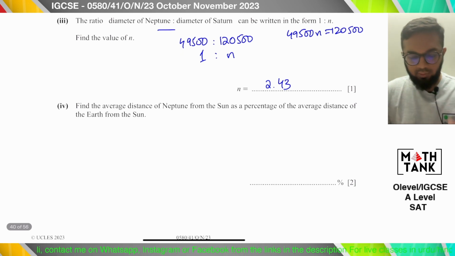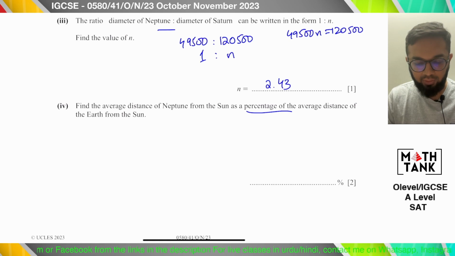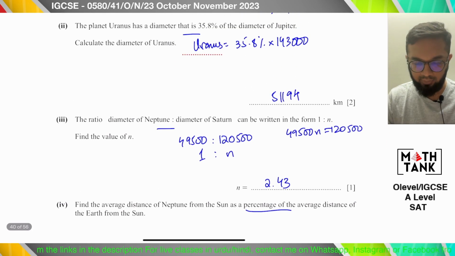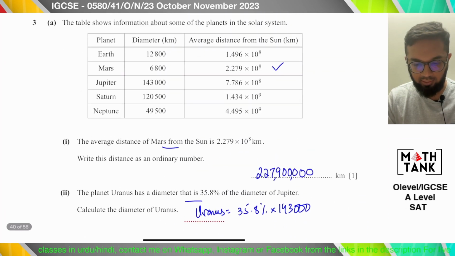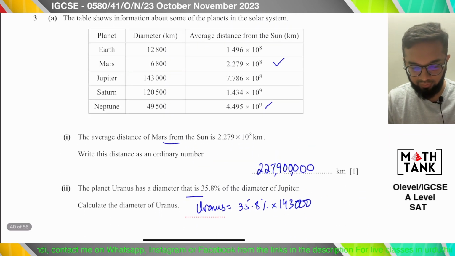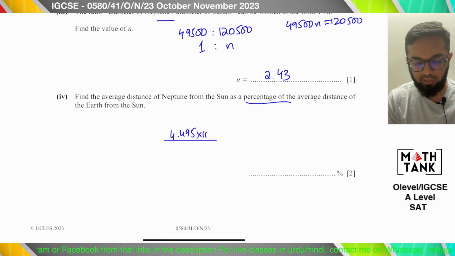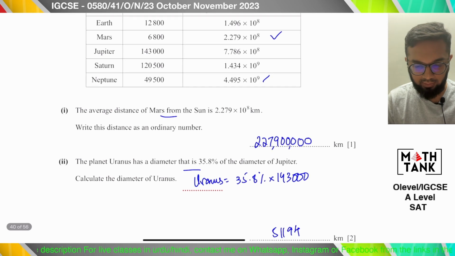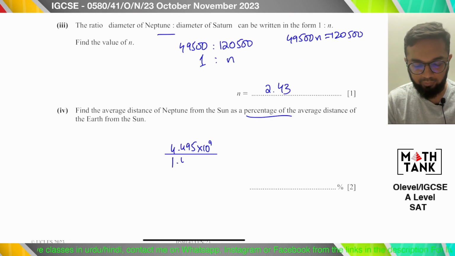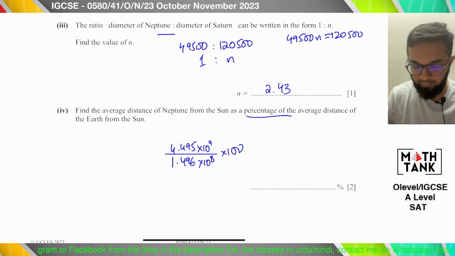Find the average distance of Neptune from the Sun as a percentage of the average distance of the Earth from the Sun. Earth is in the denominator, Neptune is in the numerator. So Neptune is 4.495 × 10^9, and Earth is 1.496 × 10^8, times 100.